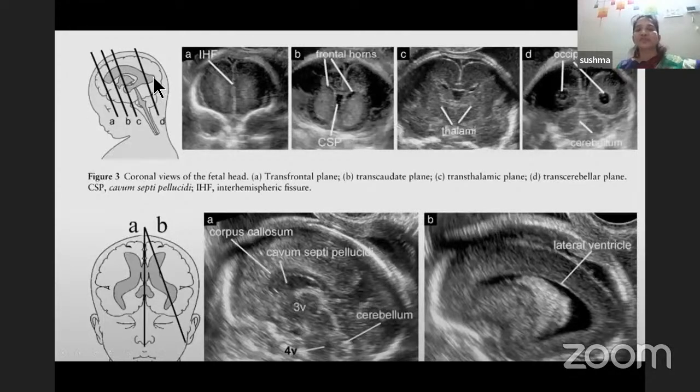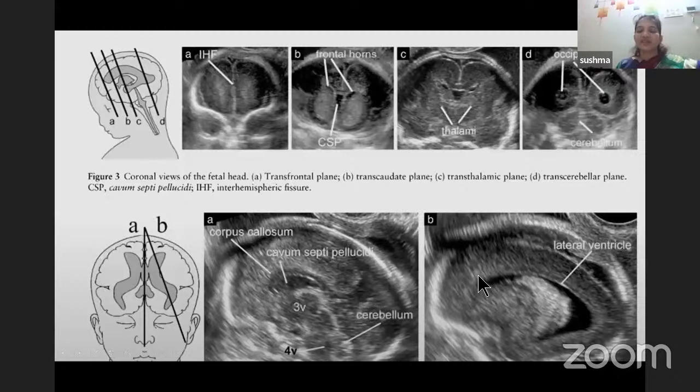This is depicting the sagittal sections. This one is the mid-sagittal section that we discussed a while ago in the previous slide. This is the corpus callosum, and this here is the vermis.